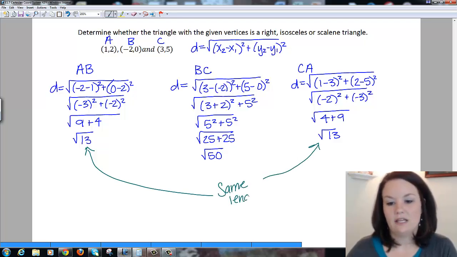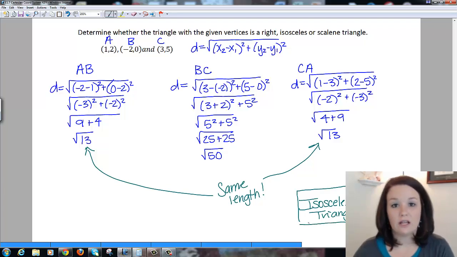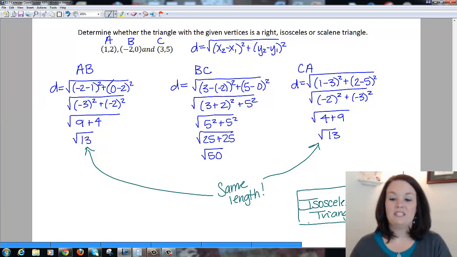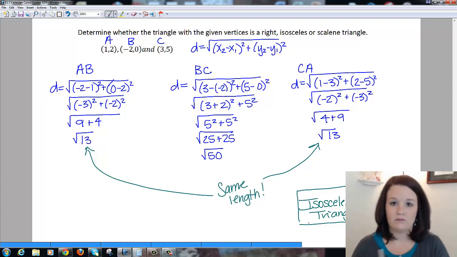These are the same length, which means that this is an isosceles triangle. An isosceles triangle is never a right triangle, and a right triangle is never isosceles. So if you see the same lengths and you say it's isosceles, you don't have to check to see if it's one of the other triangles. It can only be one of the three.